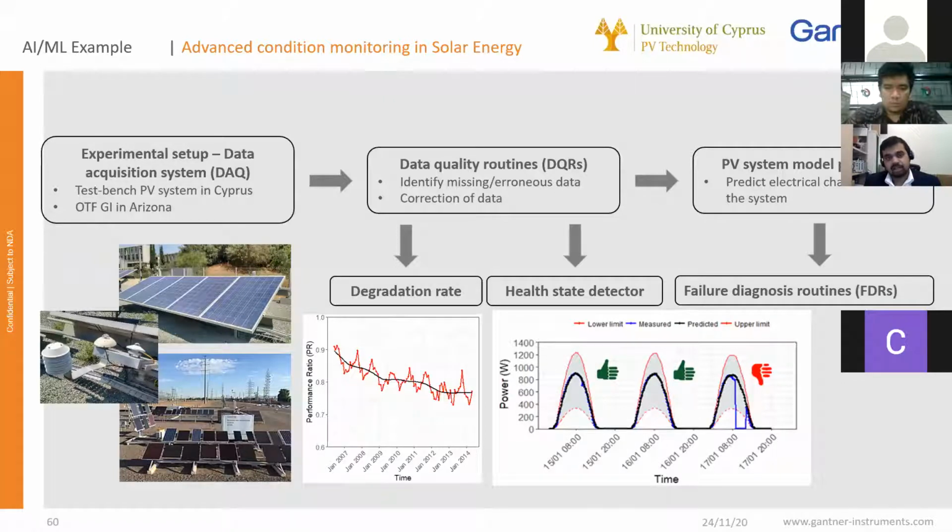So we are identifying the missing erroneous data, correction of this data, and then the degradation rates, health state detectors, and the failure diagnosis. This pattern was running inside our specified cloud platform, and some of them running on our edge devices.